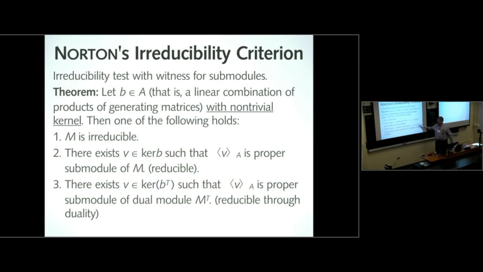So, this theorem says one of the following holds. And what I will prove is, I will assume one does not hold, so the module is reducible. And I just need to show that either this or that holds. Right? So let's assume the module is reducible.